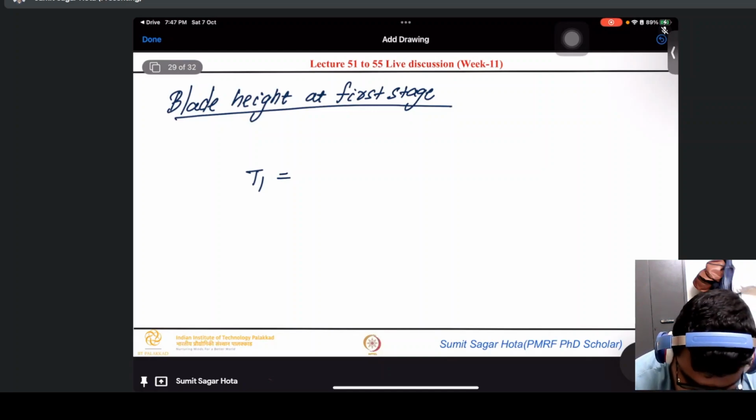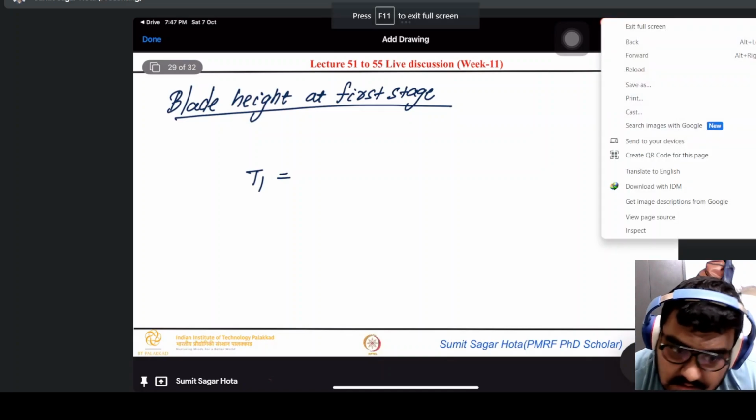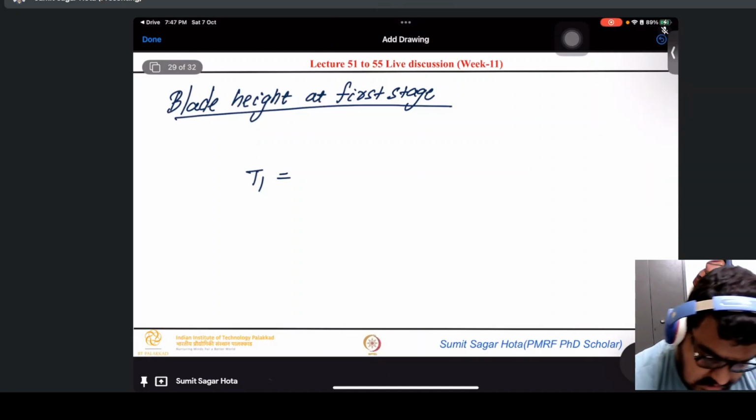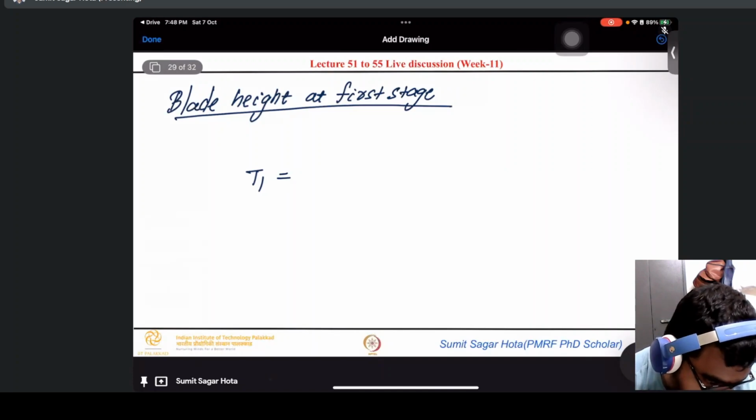First stage means, okay, there will be what? First stage means 0, 1 and 1. Okay, because it's written first stage, not the second stage. Okay, so T1 is equal to, what is T1? Okay, T1 it's given.